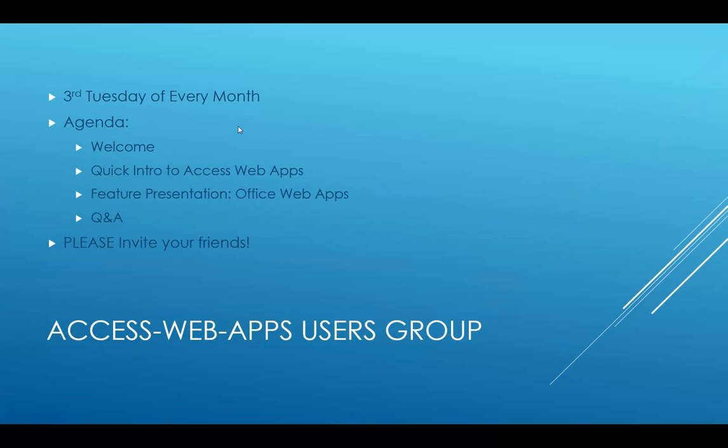I want to spend maybe 10 or 15 minutes for people who haven't seen what Access Web Apps are, or who are interested in web apps as compared to Access client desktop databases. Then we'll have a feature presentation that normally takes about 40 to 45 minutes. Tonight we're talking about Office Web Apps. Then a little Q&A, so people can bounce ideas off of each other. And please invite your friends.